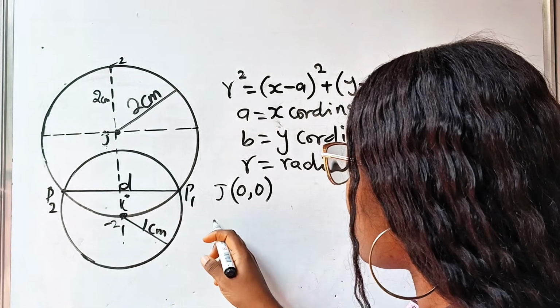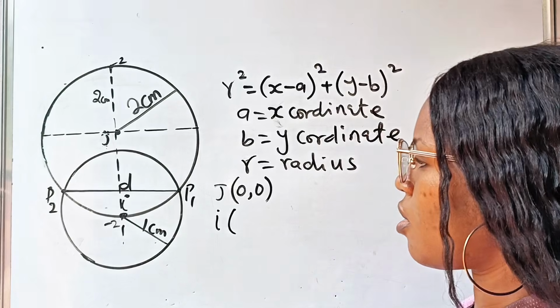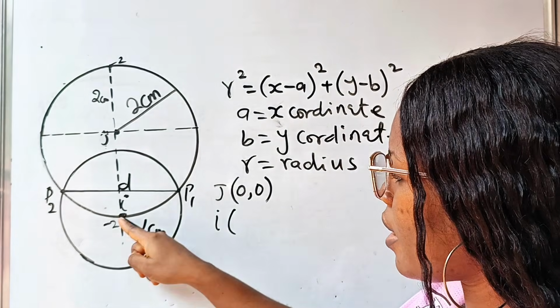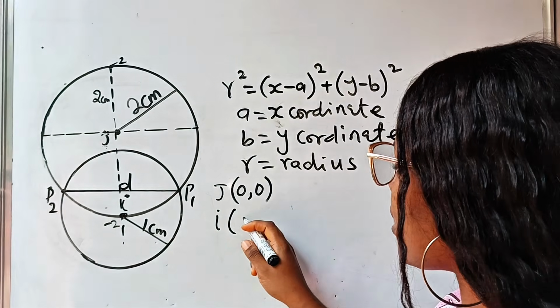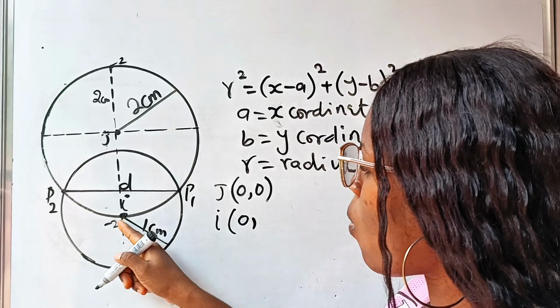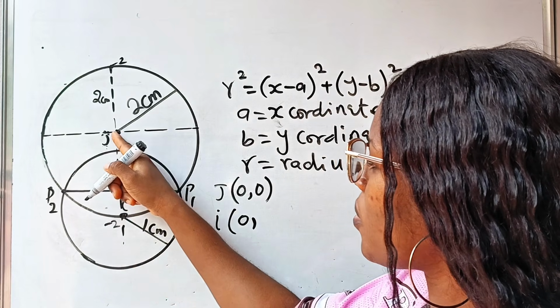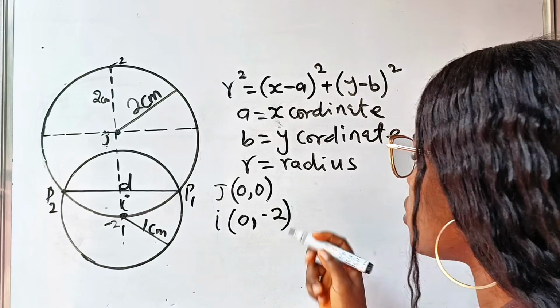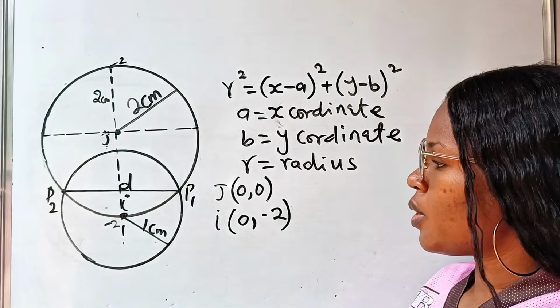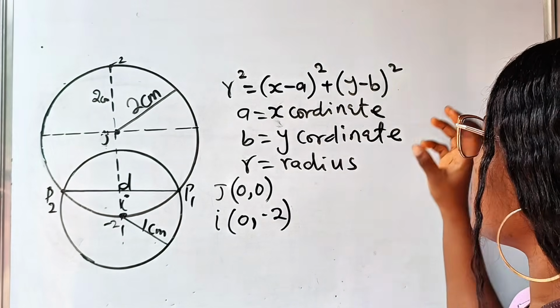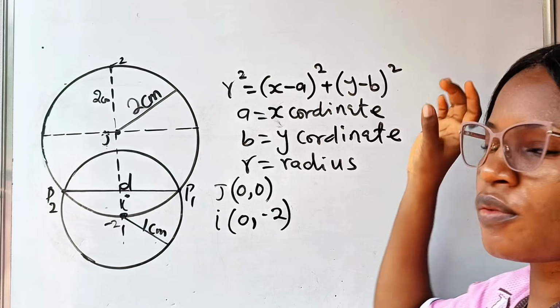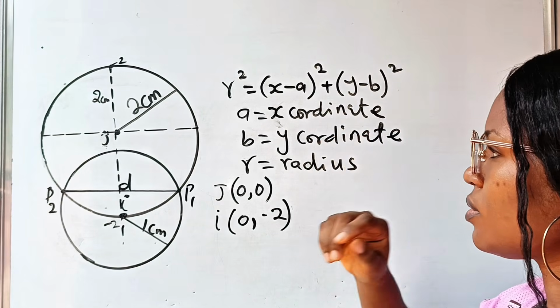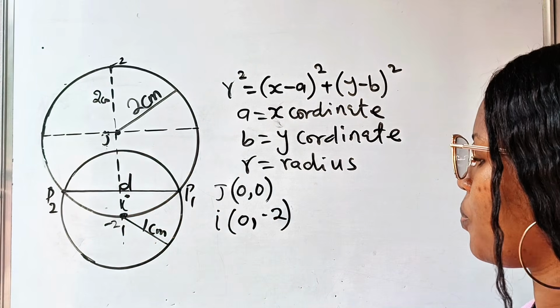Now for I, which happens to be the center of the smaller circle, our x is 0, but our y is what? Negative 2. Remember that from here to here is minus 2.